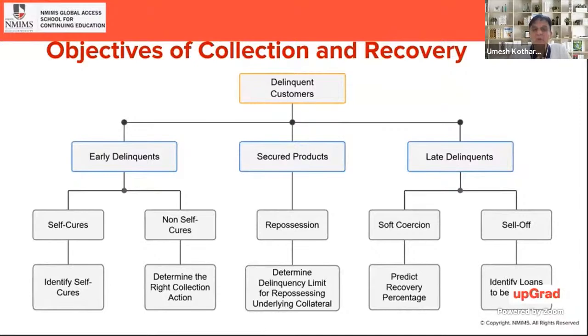So you have a delinquent customer: an early delinquent customer, a secured products customer, and a late delinquent customer. What do we mean by an early delinquent customer? An early delinquent customer either self-cures or does not self-cure. What do we mean by self-cure?